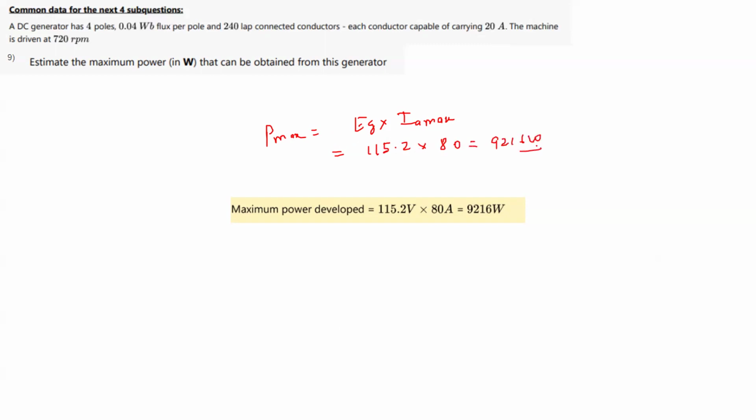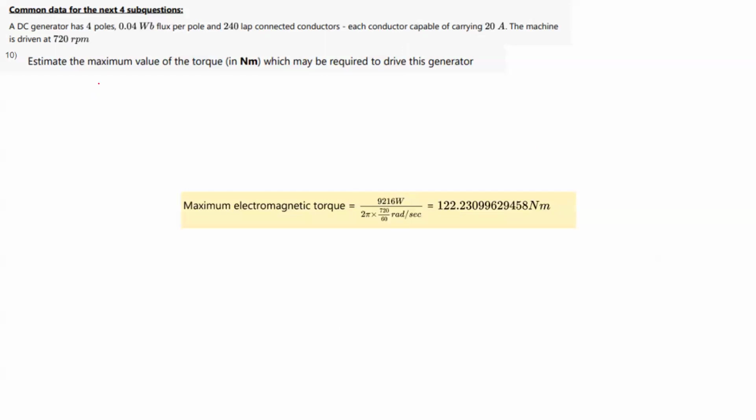Now it is asked what will be the value of torque which may be required to drive this generator. I will discuss this even more in the next class, that torque into omega is power.